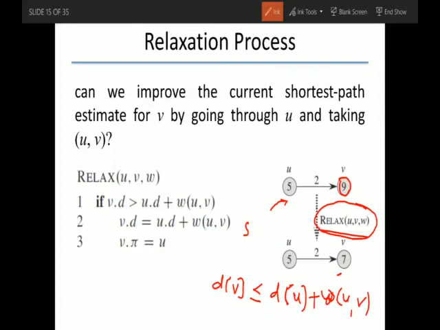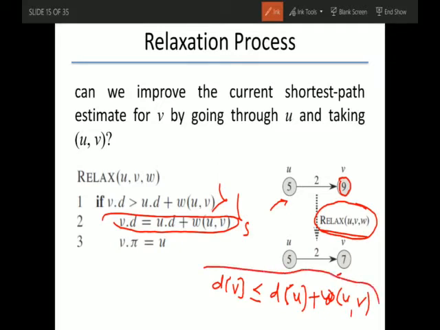To satisfy this constraint, we are checking this condition and updating the v.d value.